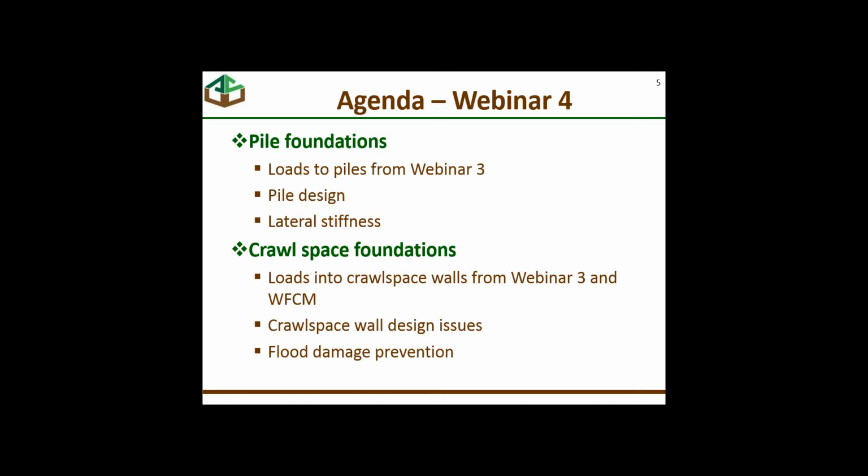Now, the other thing I think I mentioned in one of the previous webinars, but just as a reminder, most of the prescriptive load information that we have available to us as practitioners pretty much stops at the floor to foundation interface, and it does in the Wood Frame Construction Manual as well.